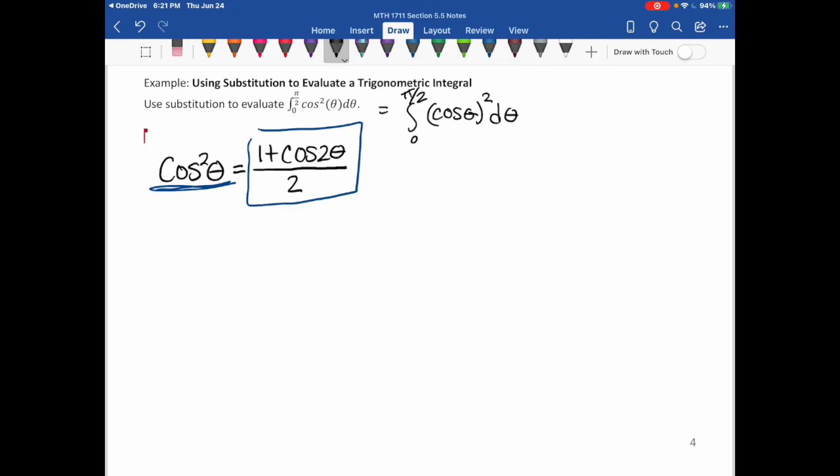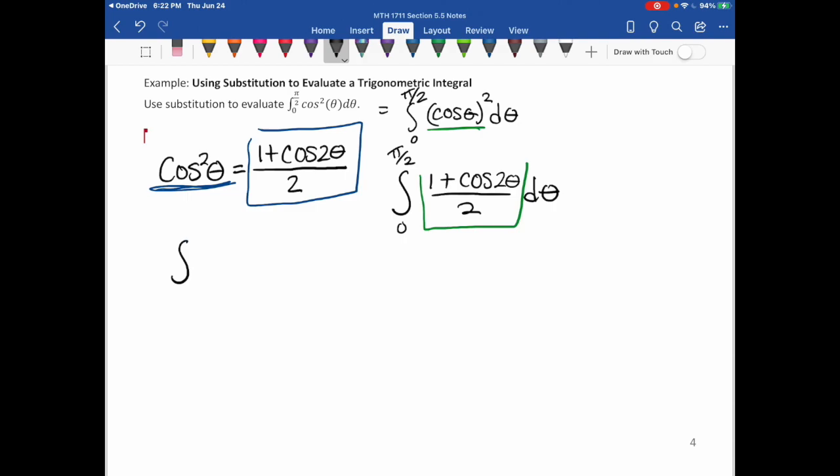I'm going to replace cosine squared theta with this in my integral. So I have from 0 to pi over 2, 1 plus cosine 2 theta all over 2 d theta. I just replaced this with this using our trig identity.